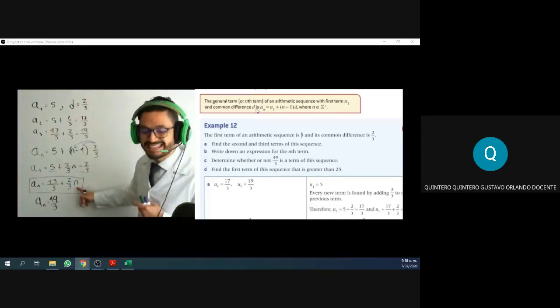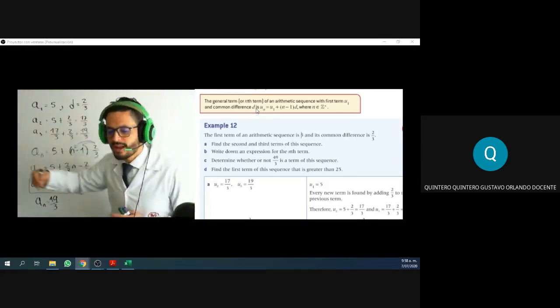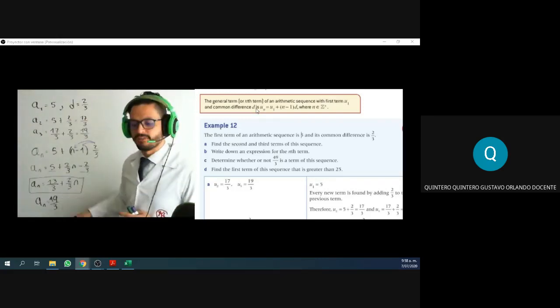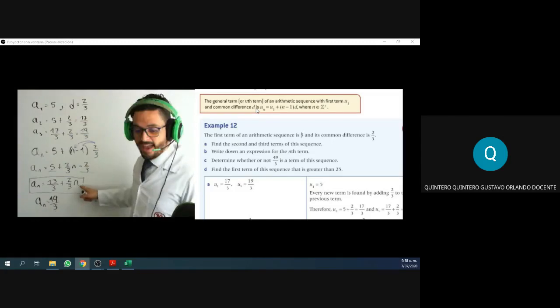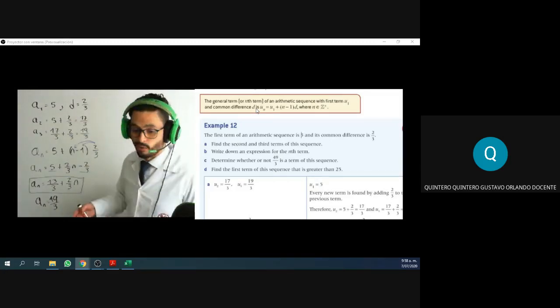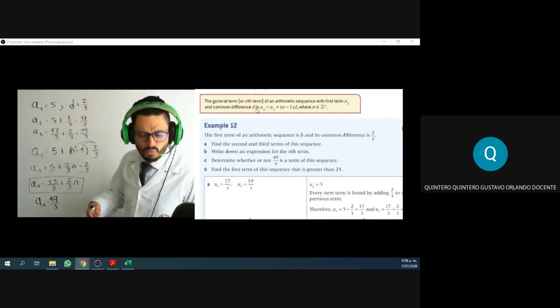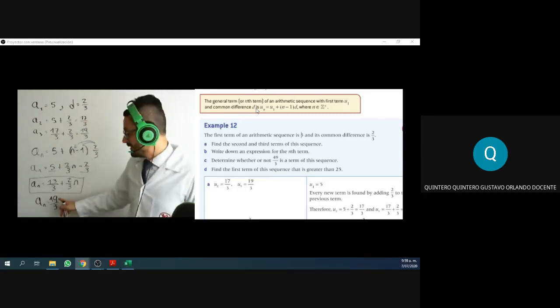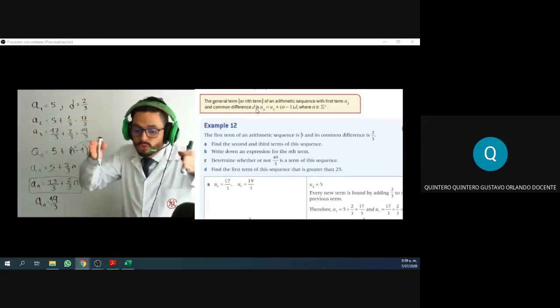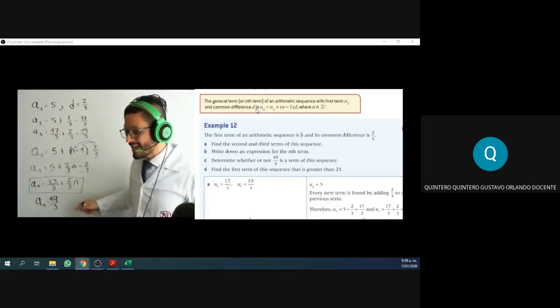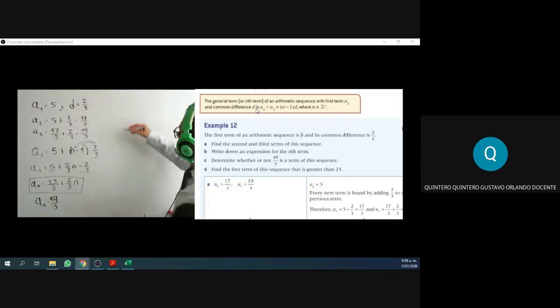If n is 20, for example, that means the 20th number is 49 over 3. If n gives us a decimal number, like 20.1, that means this is not a number of the sequence because it's between two numbers. Let me isolate it for you right here.